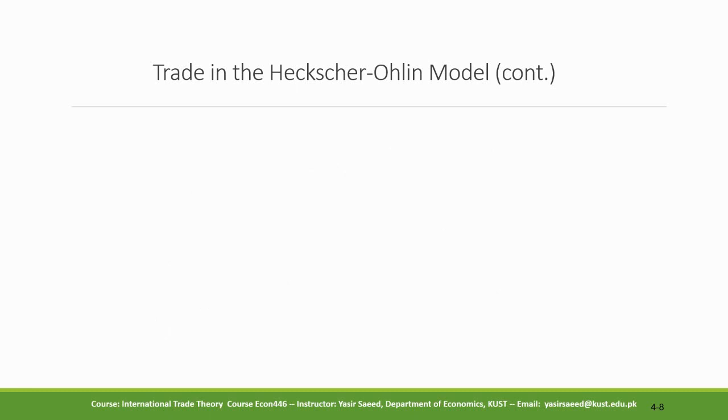There is another important question that we can answer through the Heckscher-Ohlin model, that is, how much can we consume in this economy? Now, if there is no trade, we are not trading with any other country, then a country can consume whatever it produces. But if there is trade with other countries, then the value of whatever we produce is important. We can consume equal to the value of our production.